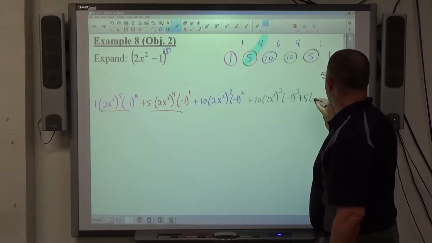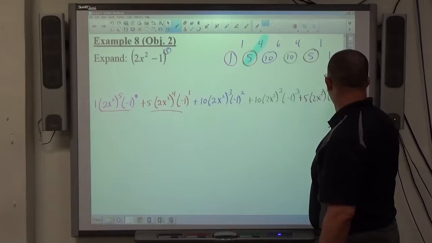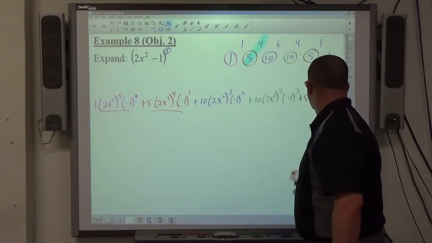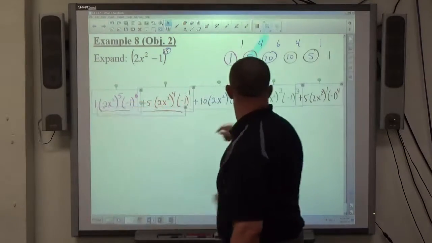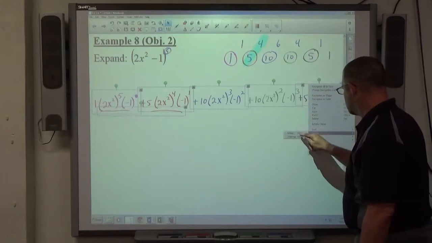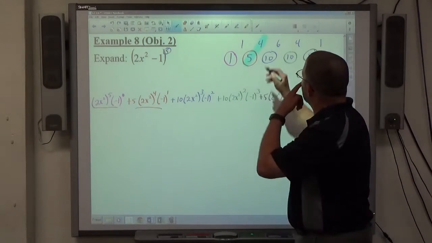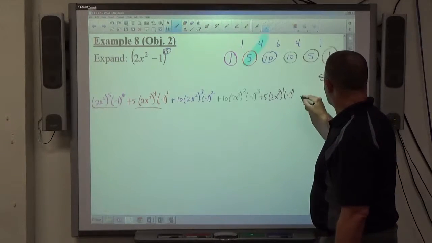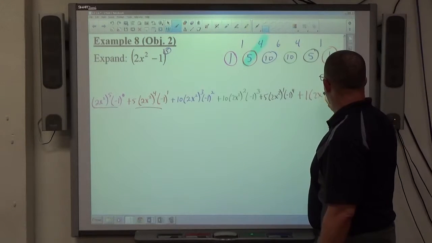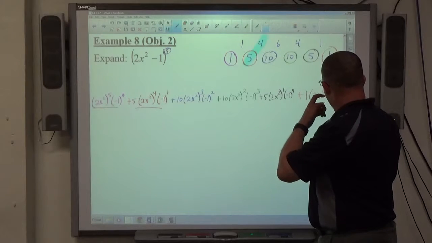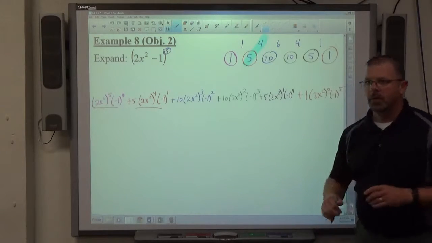So we get plus 5 times 2x squared to the 1st times negative 1 to the 4th. And the final one, I'll do it in orange, plus 1 times 2x squared to the 0 times negative 1 to the 5th.